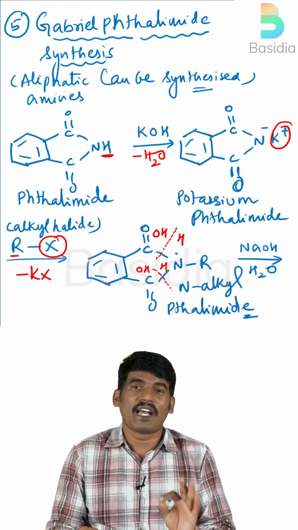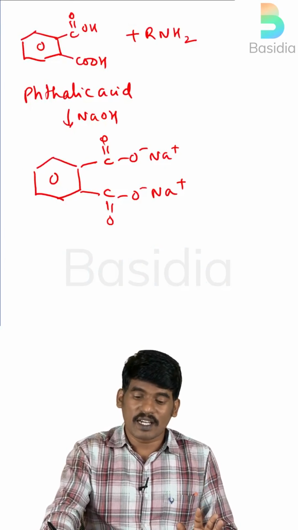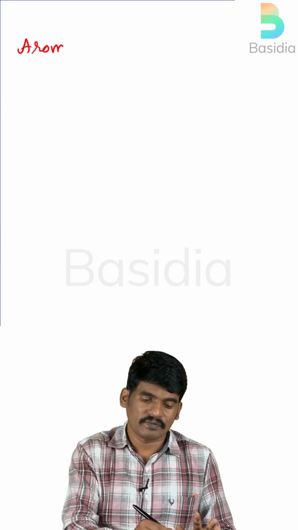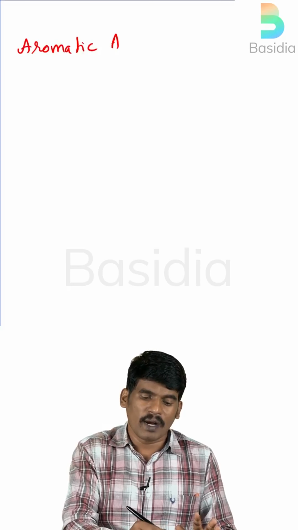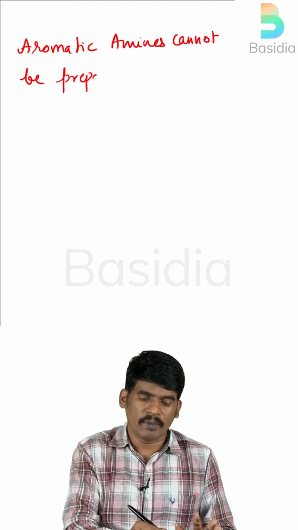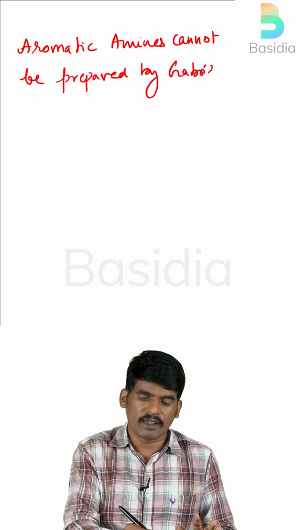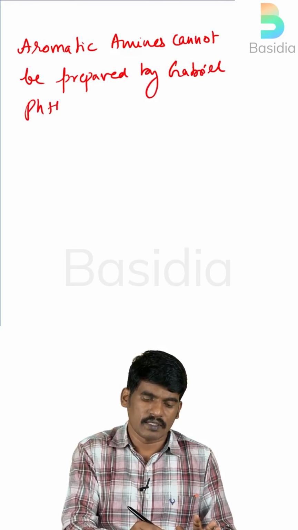That's why we can only prepare primary amines. Then, sir, you said why can't we prepare aromatic amines? Aromatic amines cannot be prepared by Gabriel phthalimide synthesis.